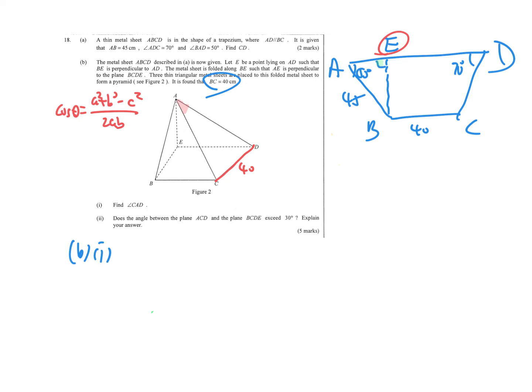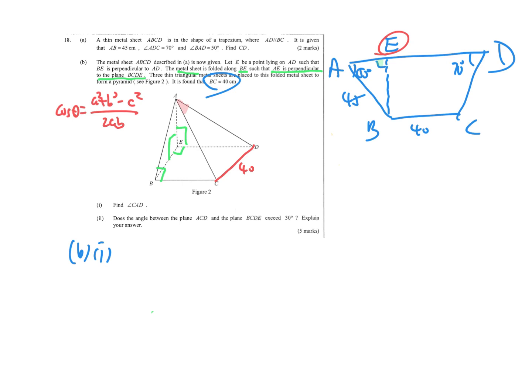Since we know that BE is perpendicular to AD, we can have a conclusion that BED is 90 degrees, also AEB is 90 degrees. Alright, and then moreover, from the sentence here, the metal shape is folded along BE such that A is perpendicular to the plane BCDE. That means this is also 90 degrees. And one extra thing maybe you don't know, if we fold like this, angle ABC is also 90.